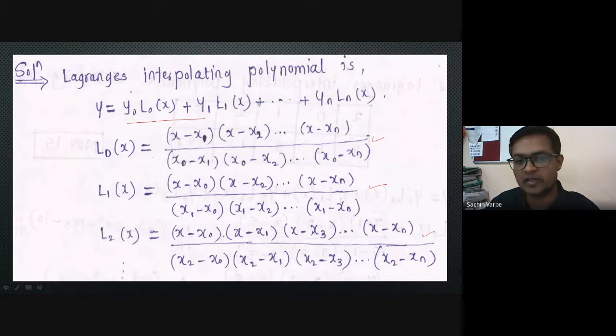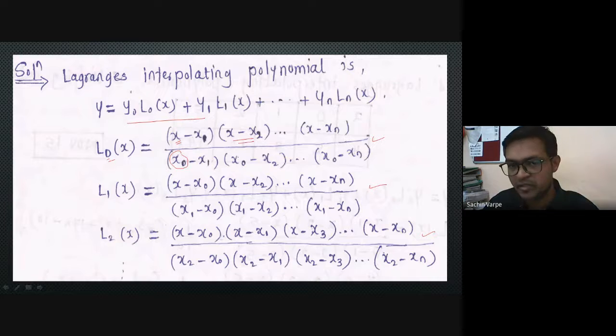So L0 of x ka ye formula hai, where the numerator will be x minus x1. See here, I'm not writing x minus x0, otherwise the denominator will be 0. So for L0, I'll start with x minus x1, x minus x2, and so on. And then while writing the denominator, I'll replace x by x0 everywhere.